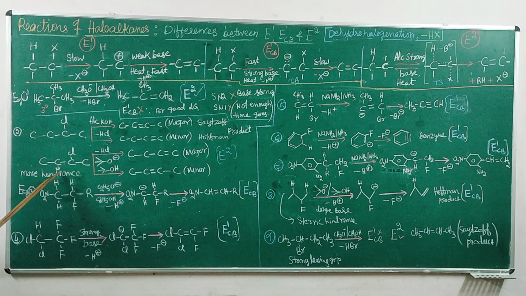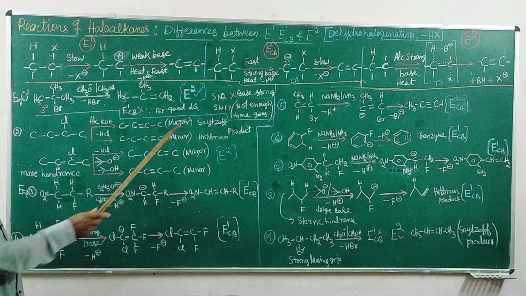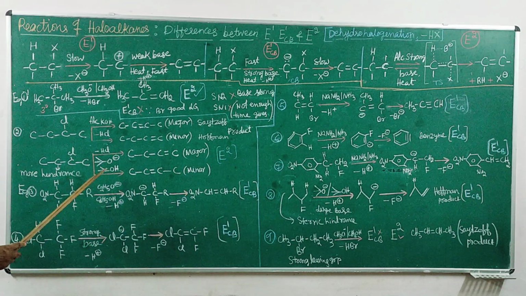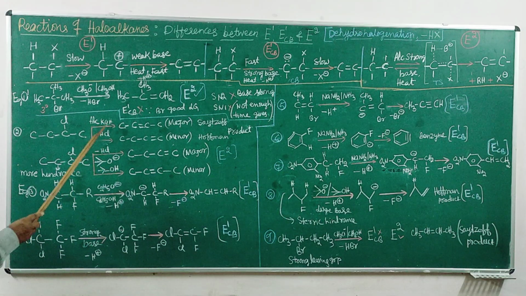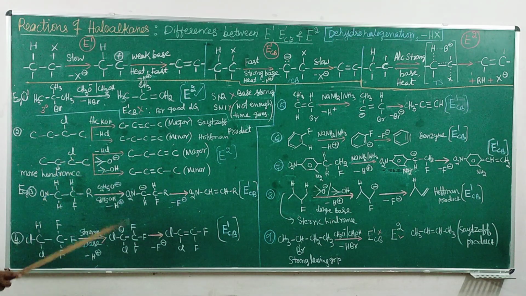Both molecules are the same, and these molecules can be used with different bases, alcoholic KOH and an alkoxide. If alcoholic KOH is there, it usually follows the E2 mechanism. And here the alkoxide is a very strong base, even stronger than this.